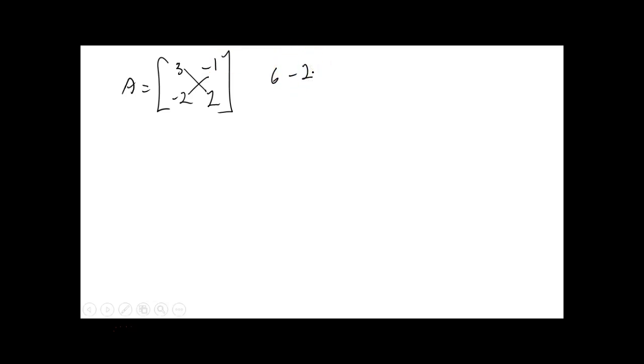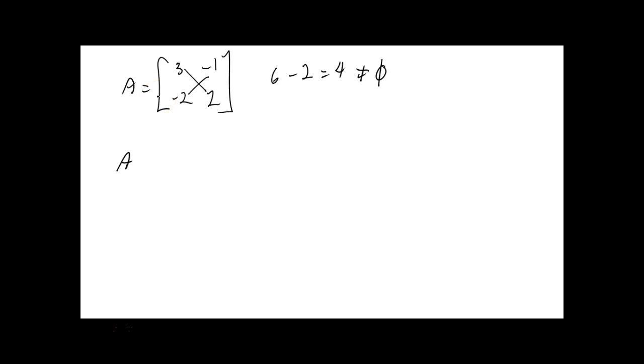Minus a positive 2 is -2. That's equal to 4, right? And 4 is not equal to 0. We are guaranteed this matrix has an inverse. Now, to write down what the inverse is: if it's not equal to 0, the matrix has an inverse. If it is equal to 0, it does not. That makes it a singular matrix.